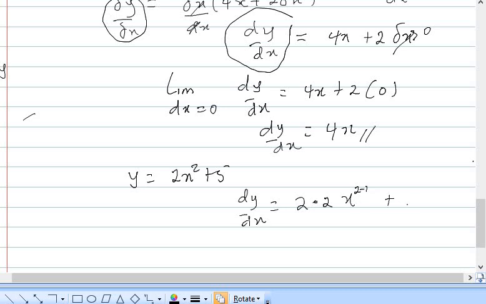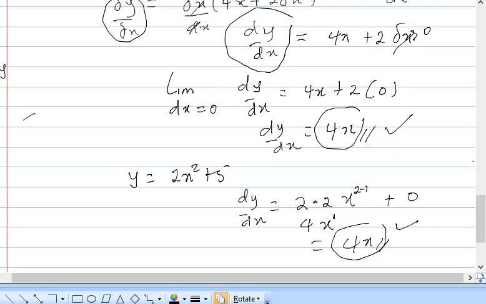The other term is a constant term, which gives 0. Then 2 times 2 is 4, x raised to the power of 2 minus 1 is 1, so it will be 4x. As you see, this answer corresponds to the earlier answer. So here we used first principle, and here we used the ordinary method, that's using the formula. We'll take a look at the product rule for the next one.